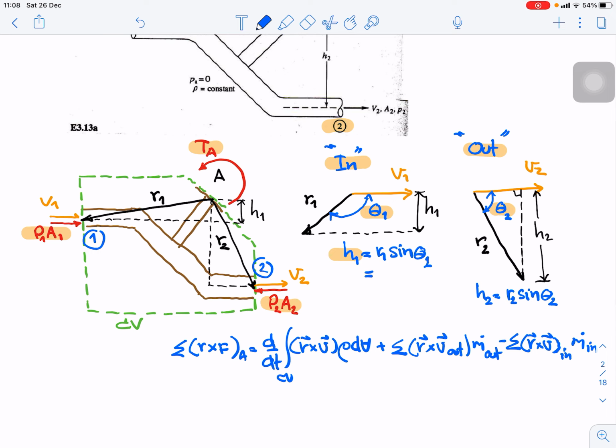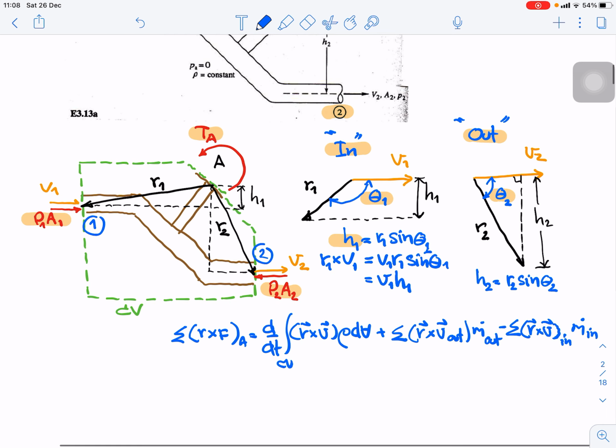R1 cross V1 is equal to V1 R1 sine theta, so we can substitute R1 sine theta and get V1 H1 for the cross product between position vector R1 and V1. Outflow as well: R2 cross V2 is equal to R2 V2 sine theta.